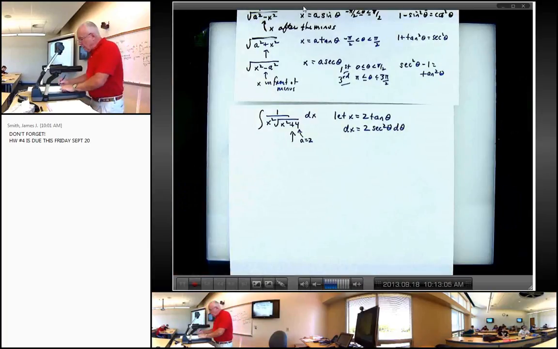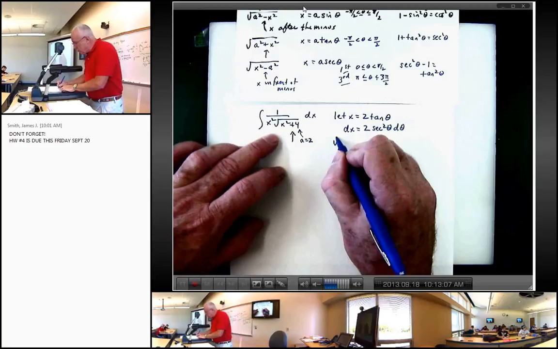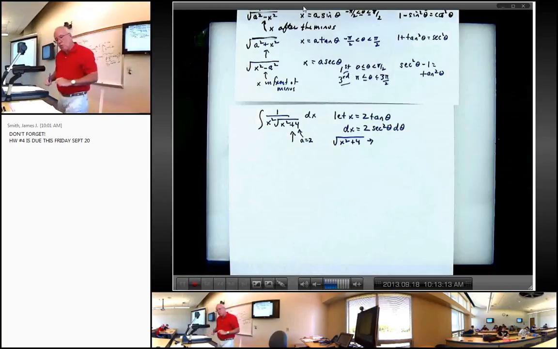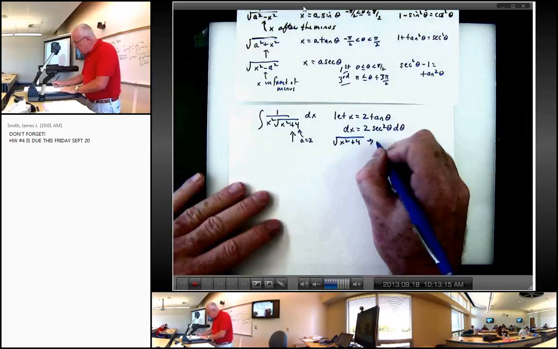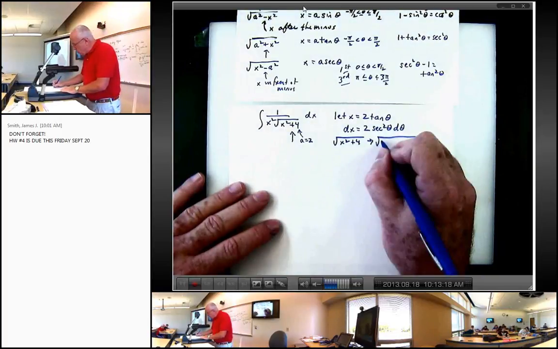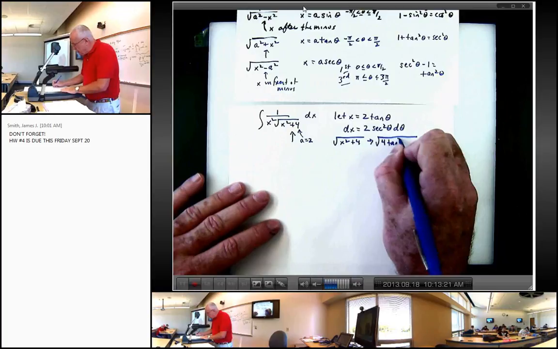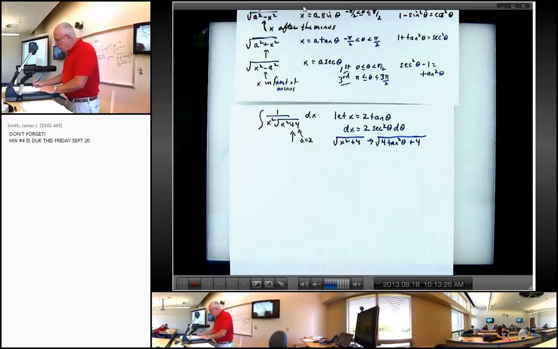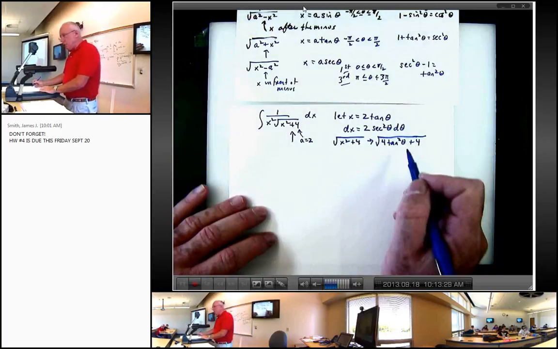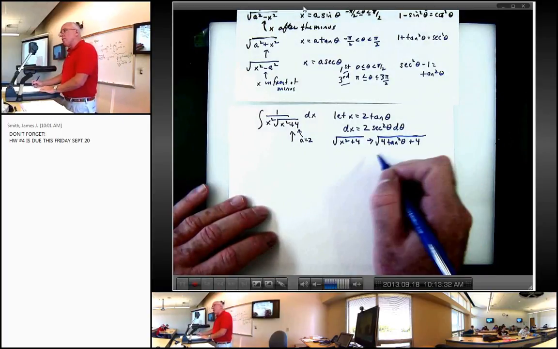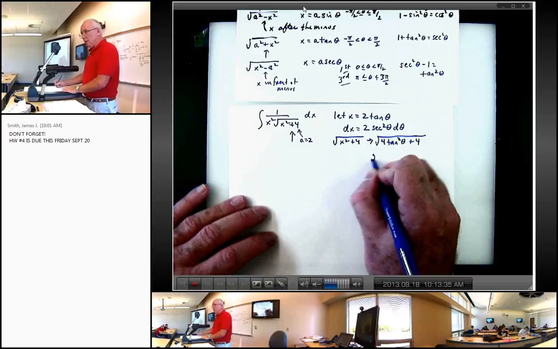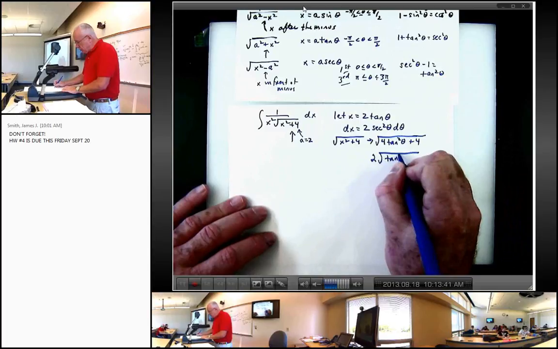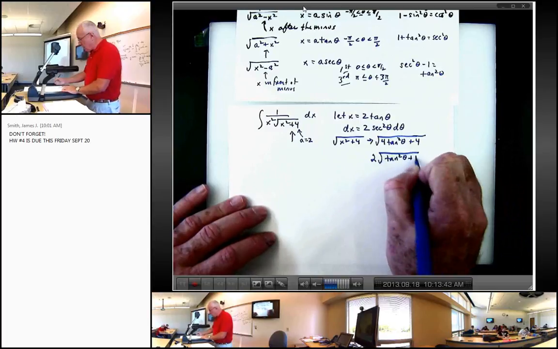Now what is this whole radical going to be replaced by? The square root of x squared plus 4 is going to be replaced by, well, when I square x, I have 4 times the tangent squared of theta, and then the plus 4. And notice we can take a 4 out from each of the terms. Now, when I take a 4 out from the radical, I have a 2 in front of the radical. And then under the radical, I'm just going to have tangent squared of theta plus 1.